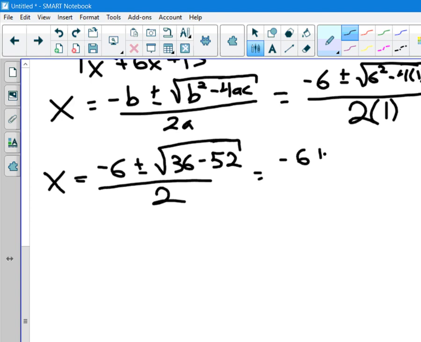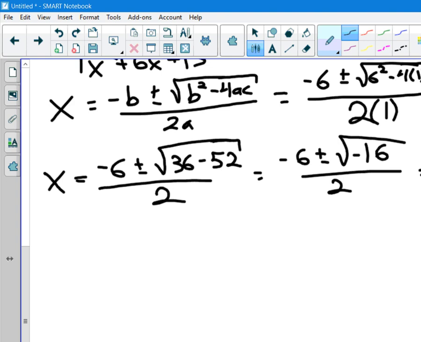So now I have negative 6 plus or minus the square root of 36 minus 52. That is 16, I believe. Let me just double check that because I really don't want to make a mistake right now. Yes, that is negative 16 divided by 2.